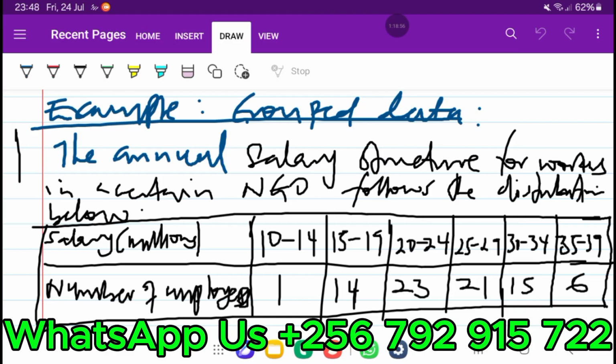Even if the examiner tells you just compute standard deviation, you'll find yourself you have to compute even the mean.